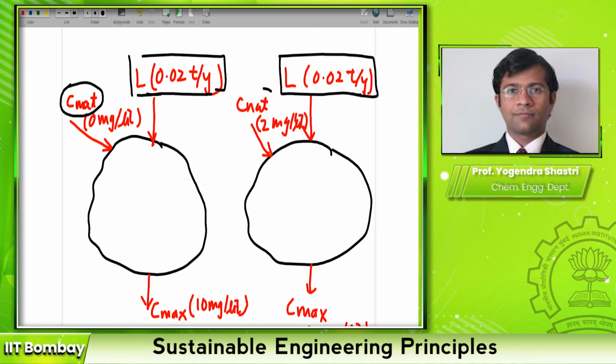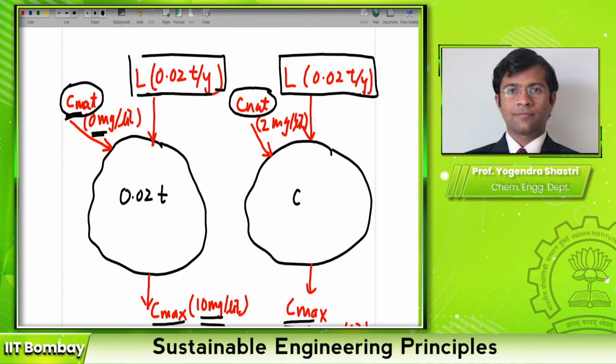In the second case, the water already has some nitrogen, but the final concentration that you need to reach is also the same, which is 10 mg per liter. Which means in order to take care of the total nitrogen that is discharged, 0.02 tons on an annual basis, you will require a lesser quantity of this water because naturally there is no nitrogen in the water.